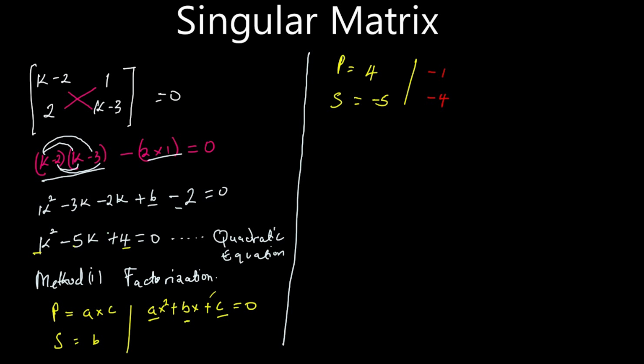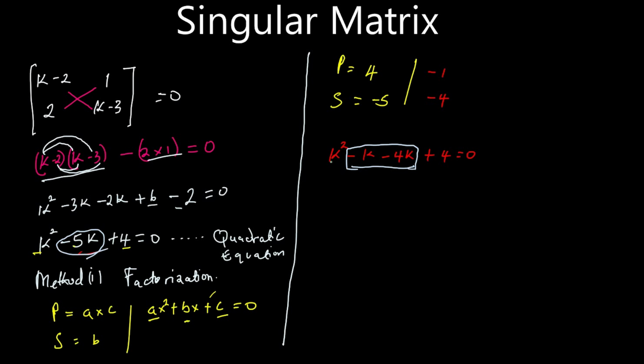Therefore, we replace them in our equation so that we have k squared minus k minus 4k, then plus 4 is equal to 0. When you look at this, minus k minus 4k will always give you the value that you have for b, minus 5k.